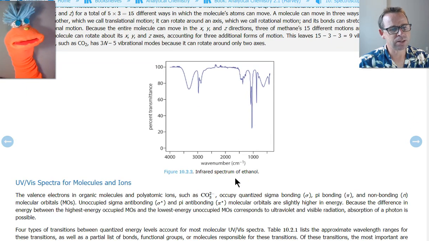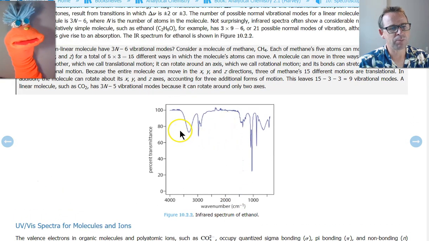Basically the idea here is we are monitoring absorption, and when we monitor absorption, we're monitoring transitions of molecular orbitals. And so when you see something like this, that means that in that range of energy, the molecule has bonds that can respond to those wavelengths, those energies, right?